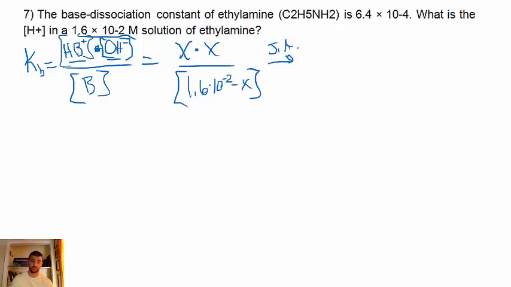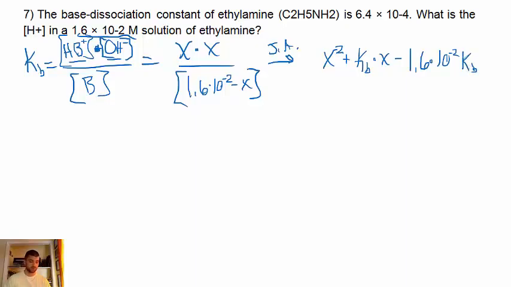It's just algebra. I'm going to rearrange it into a quadratic setup. I'm going to get x squared plus Kb times x minus 1.6 times 10 to the minus 2 Kb.